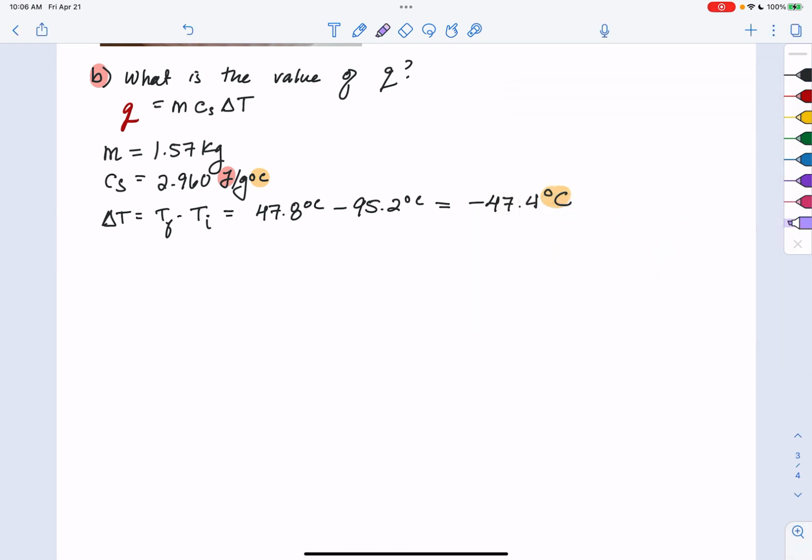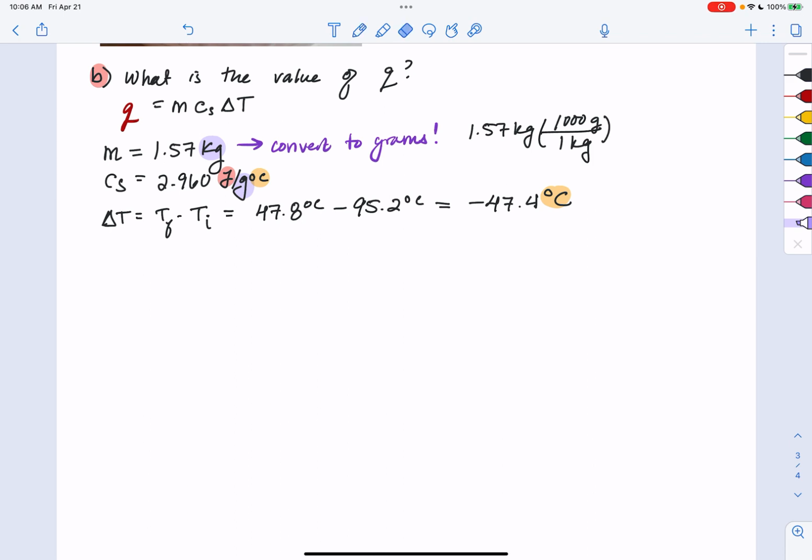However, notice kilograms and grams will not cancel. So I need to convert to grams. You can do our regular full conversion process where you've got the 1.57 kilograms and you know that in 1 big kilogram there are 1,000 baby grams, totally fine.